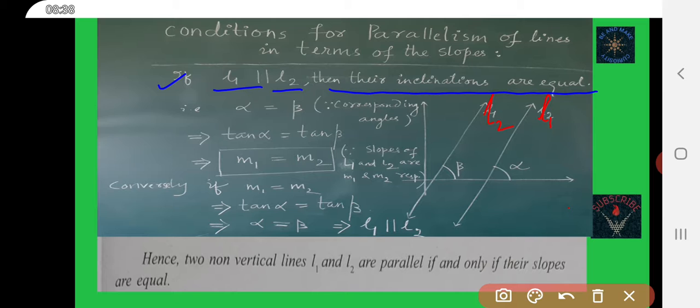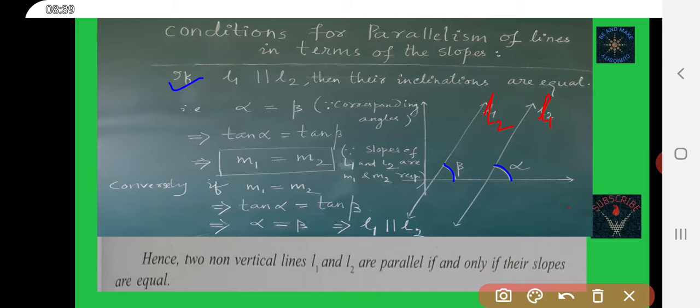Why are they equal? Because this angle corresponds to this angle. So the corresponding angles are equal when two lines are parallel. So here L1 is parallel to L2.